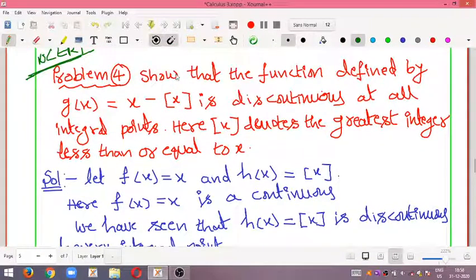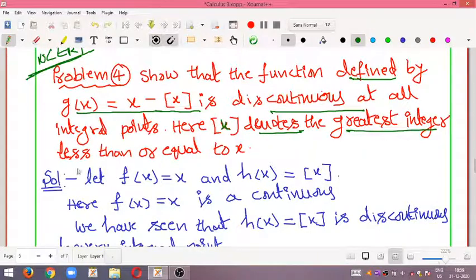Show that the function defined by g of x is equal to x minus [x] is discontinuous at all integral points. Here the bracket [x] denotes the greatest integer less than or equal to x.